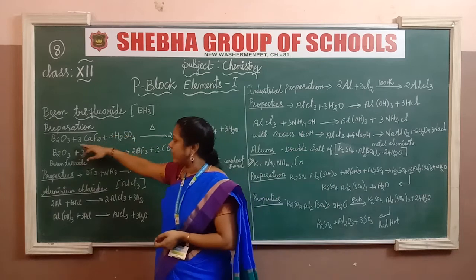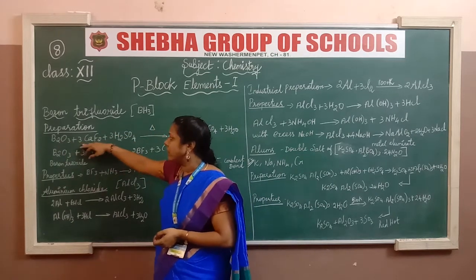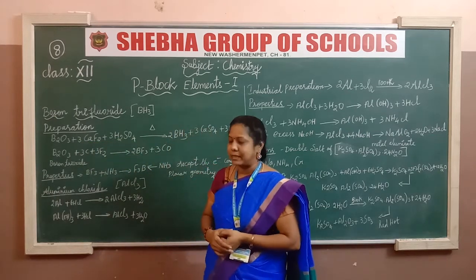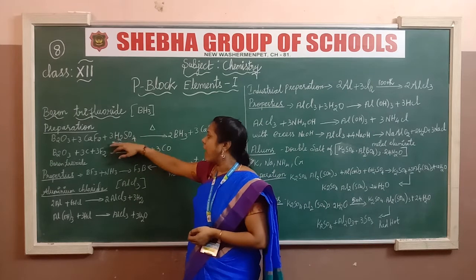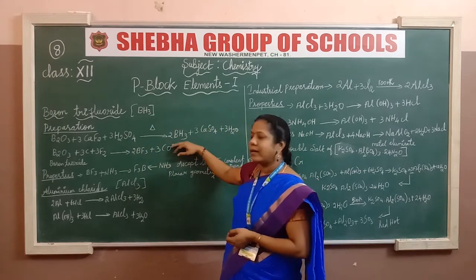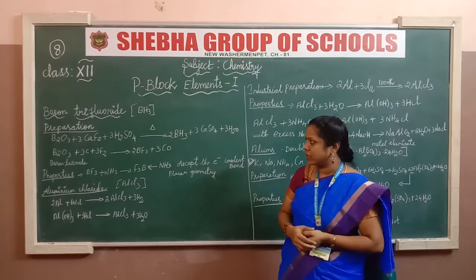The preparation is boron trioxide reacting with calcium fluoride in the presence of sulfuric acid. With the sulfuric acid, we have to apply a particular temperature. We can get boron trifluoride and calcium sulfate along with water molecules.